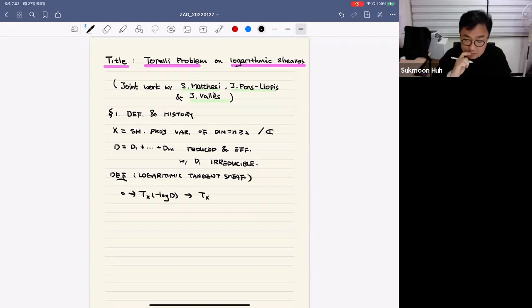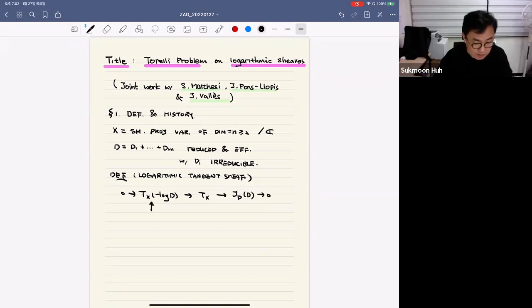So T_X is the tangent bundle of X, and the sheaf we're considering has the cokernel, which is the Jacobian of the divisor, restricted to D and then twisted by D.